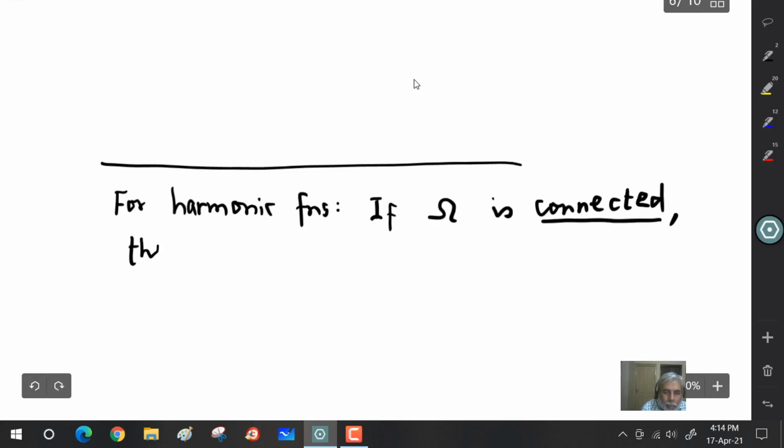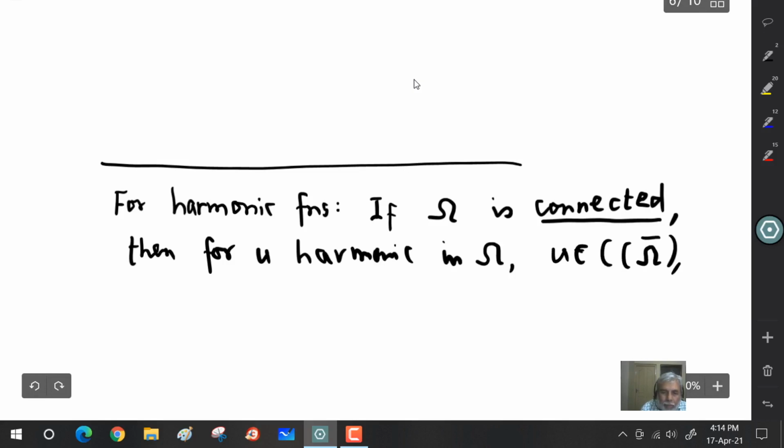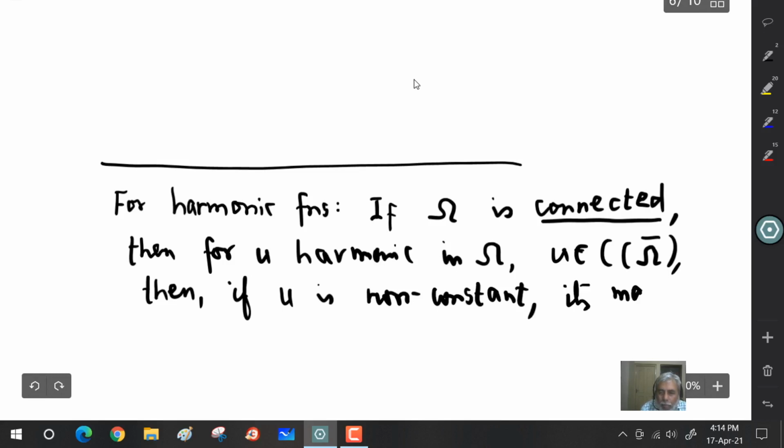Then for u harmonic in omega, and of course we want to have continuity up to the boundary, if u is non-constant, its maximum can occur only on the boundary. So this is the strong maximum principle.